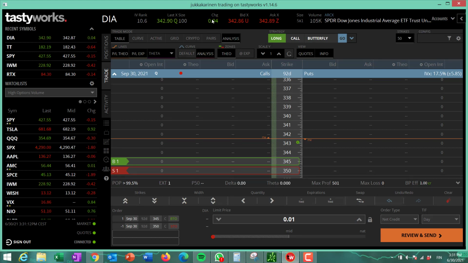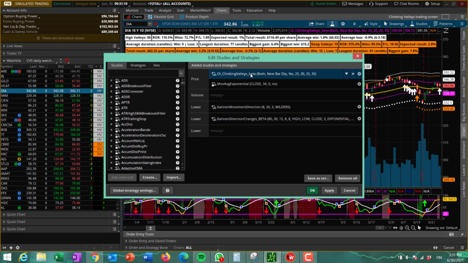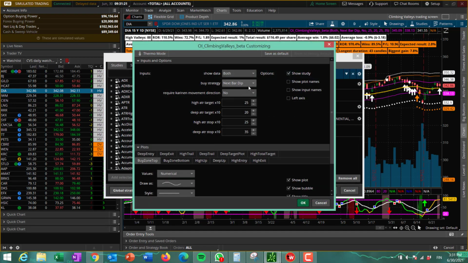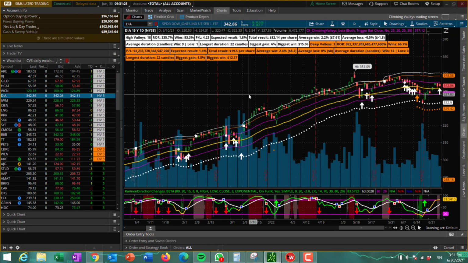We got a dip, a very tiny dip, so technically the next bar dip setting is also valid here. If I put that back to trigger bar close, I believe Dow Jones results are better that way as well, so over 75% hit rate on the high valleys trigger.